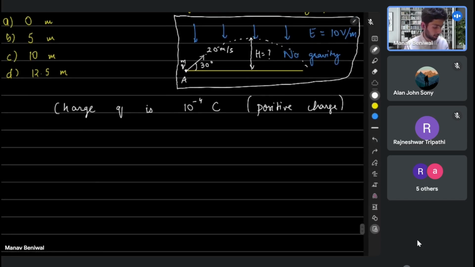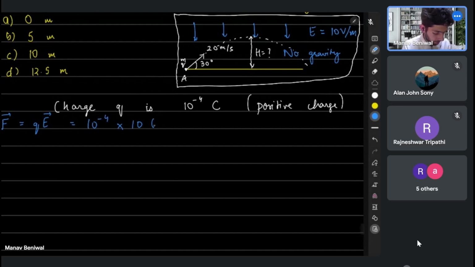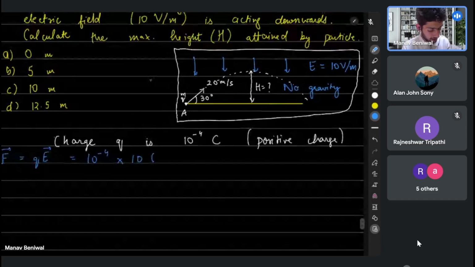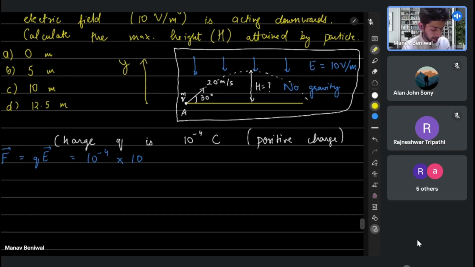Let us do this. We know force is Q times E, and Q is 10 to the power minus 4. Let us call this our Y direction and this our X direction.